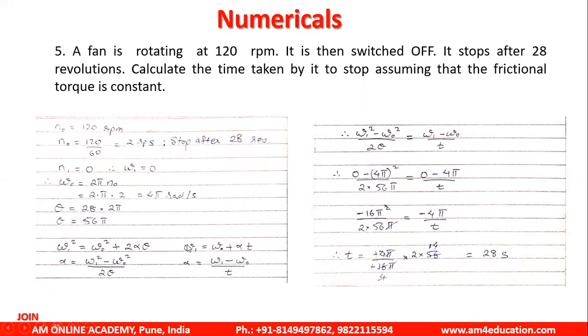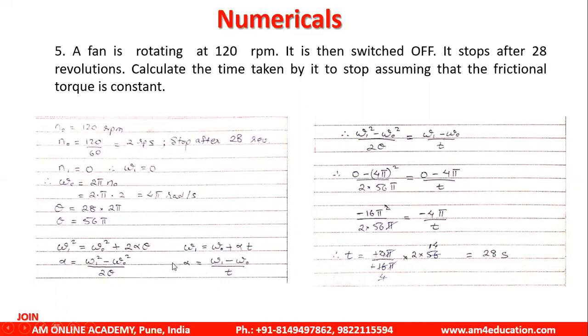Also we use the first kinematic equation, similar to linear motion, v equals u plus at. In circular motion, the final angular speed is equal to the initial angular speed plus acceleration into time. So alpha becomes omega 1 minus omega 0 upon t.